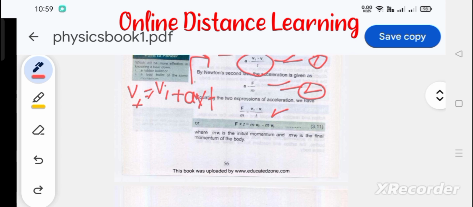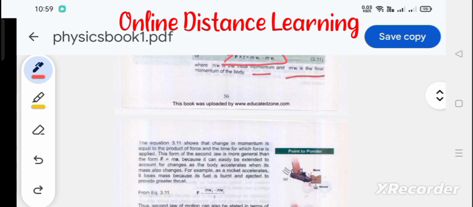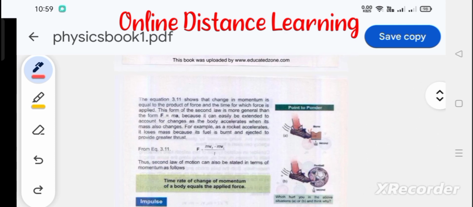Cross multiplication gives us F cross t is equal to mVf minus mVi. M is the common quantity, mVi is the initial linear momentum, and mVf is the final momentum of the body. So from the equation, force is equal to mVf minus mVi over t.